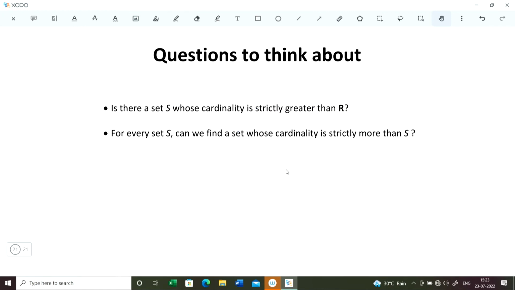In the end, as a take back from this talk, I would like you to think about these questions: can we have a set whose cardinality is greater than the cardinality of R? And by greater I mean strictly greater than the cardinality of R. And the second question is, is there a set S which contains all the sets? Like no set will have more elements than that set.